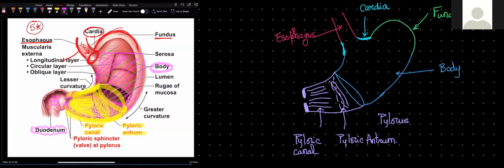We don't call it food anymore. After it gets partially digested in the stomach, we call it the chyme. So the chyme is going to be passing here from the stomach to the proximal part of the small intestine. This is going to be my duodenum.